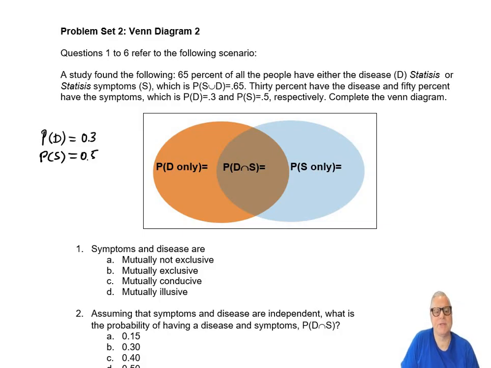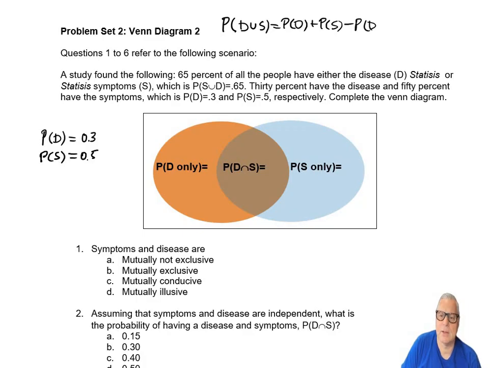So some people must have both the symptoms and the disease. Let's start with the union. The probability of the union is equal to the probability of the disease plus the probability of the symptoms minus the probability of having the disease and the symptoms.